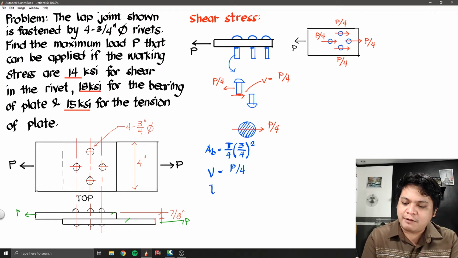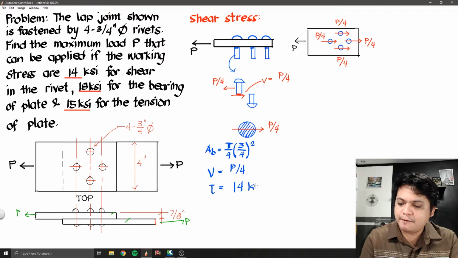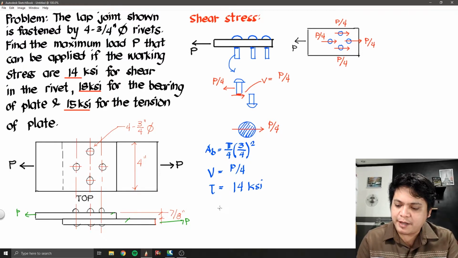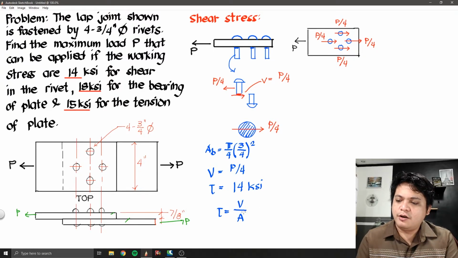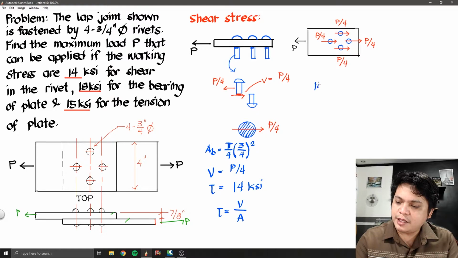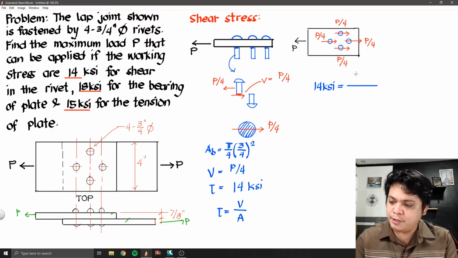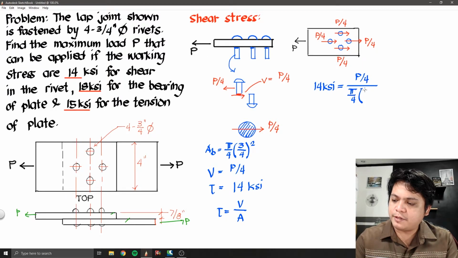So, kung yung allowable natin, that would become 14 KSI. Okay? So, we will be having here tau equals to V all over the A. Or we will be having here 14 KSI is equals to all our force, which is P all over 4, and then pi all over 4 multiplied by 3/4 squared.